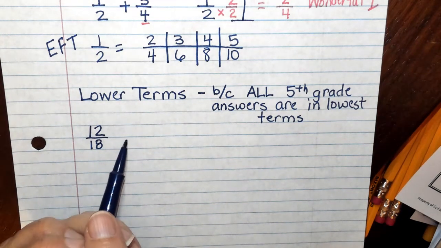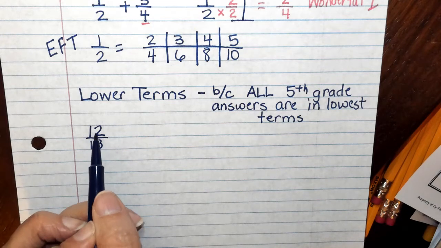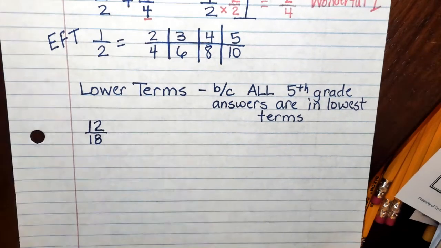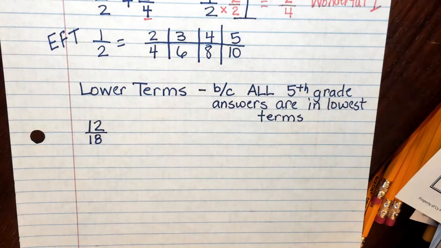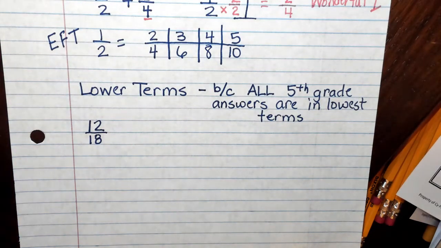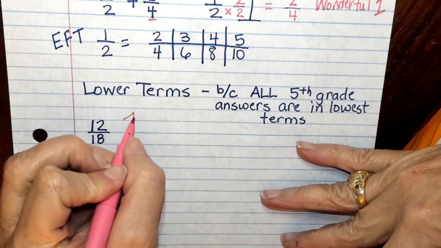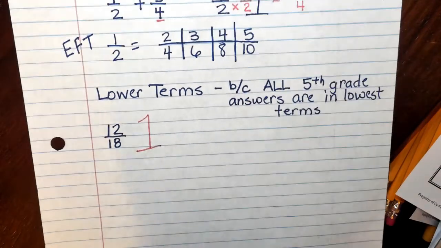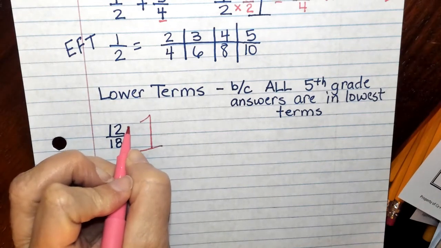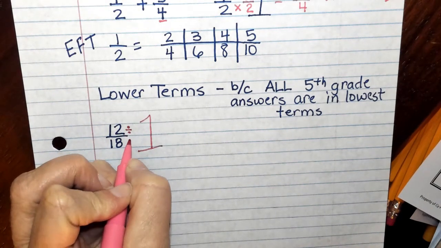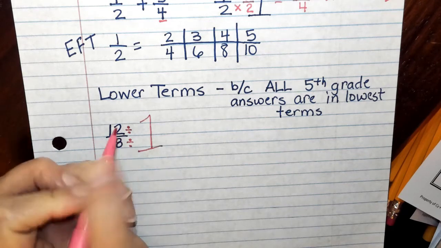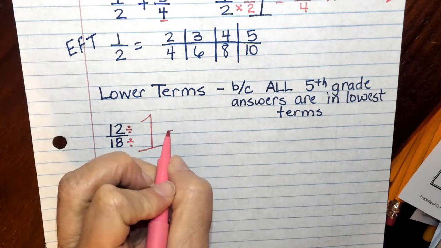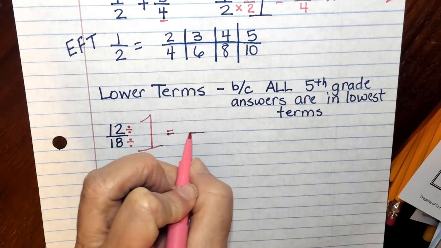And so when I think about the number 12 and 18, I want to go to my factor book and I want to find a number 1. And because we want this value to be smaller, the action that we're choosing to use here is division. So now we're using our wonderful number 1 and we're going to be dividing to find an equivalent represented with smaller numbers.